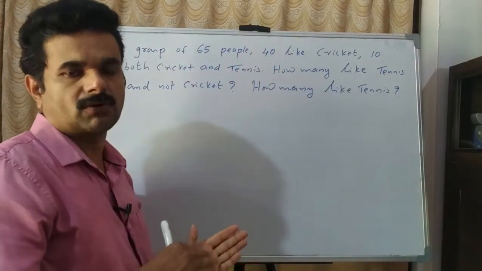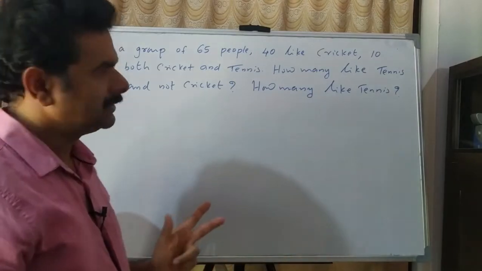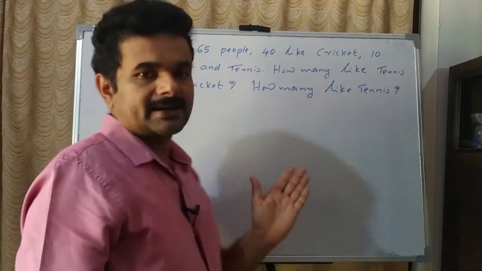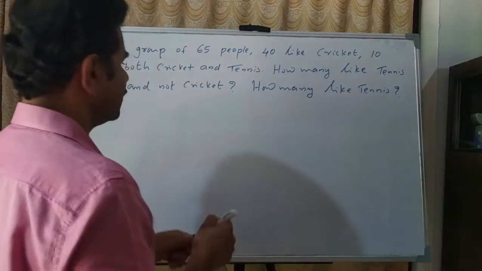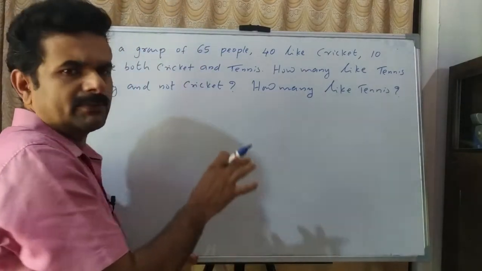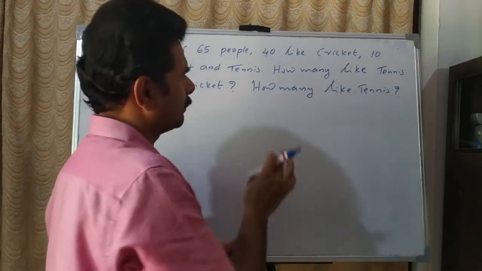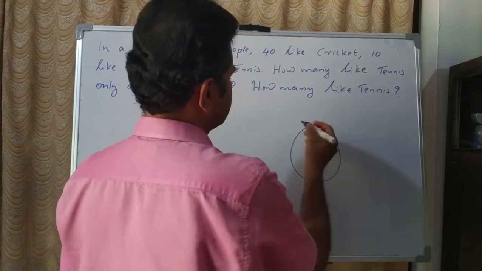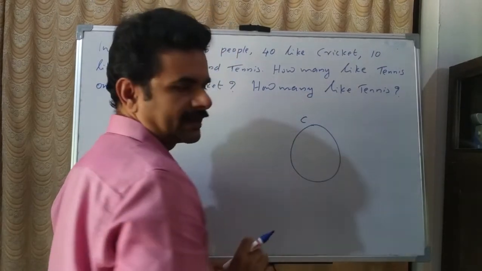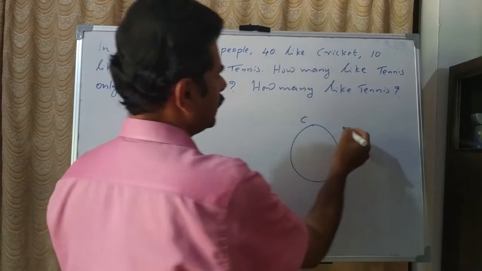One set for cricket and the other set for tennis. For cricket, we can take the set name as C. Here I'm using a diagram for representing these two sets. This set C stands for cricket and the other for tennis.